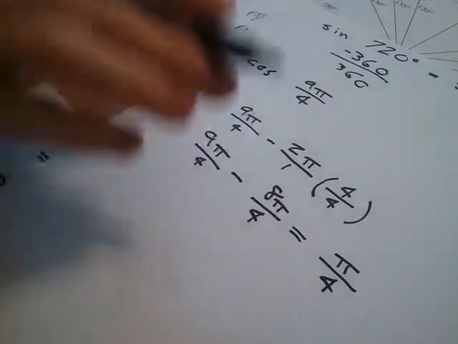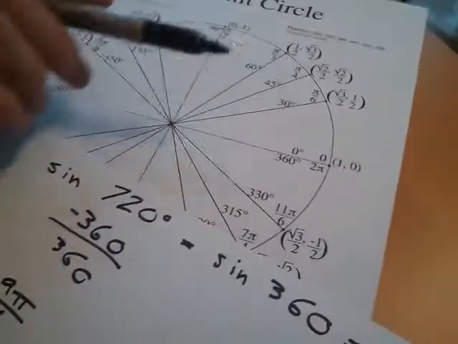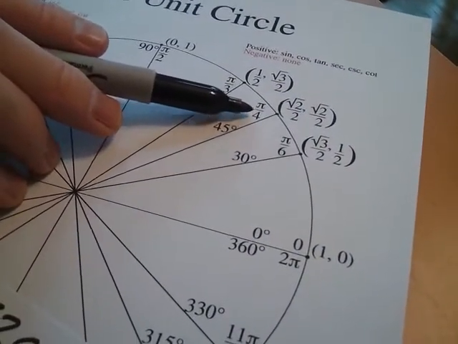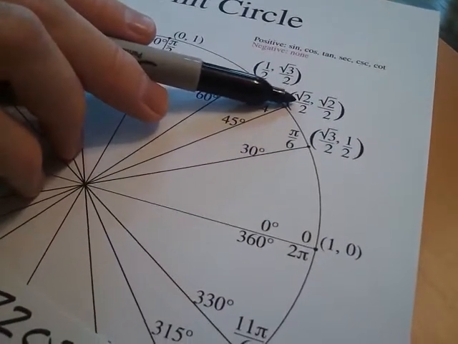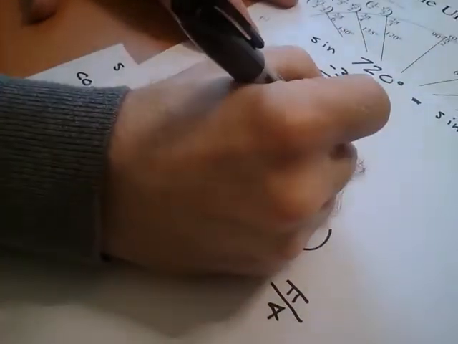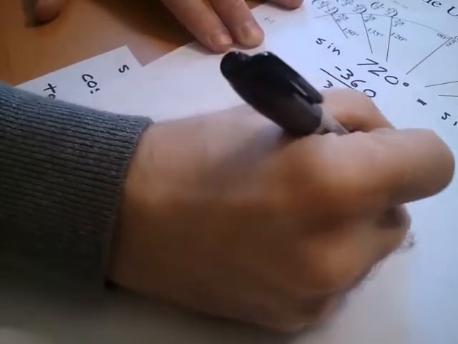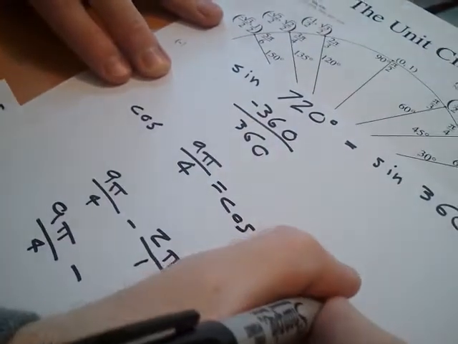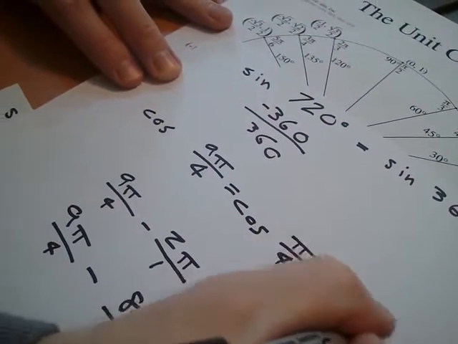And pi over 4 is on our unit circle. We look right there, pi over 4, and we're looking for cosine, so we look at the x. That's square root of 2 over 2. So we can say that the cosine of 9 pi over 4 is the same thing as the cosine of pi over 4, which is, as we looked up, the square root of 2 over 2.